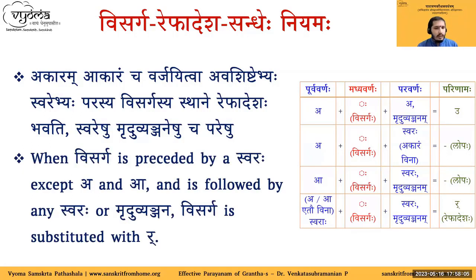So when we have visarga which is preceded by a swara which should not be a or a, that is, the swara should not include a or a. Any swara except a and a, if it is followed by visarga, and if the visarga is followed by any swara or mruduvyajana, then visarga is substituted with ra. That is rebha is the adesha. Rebha refers to ra.